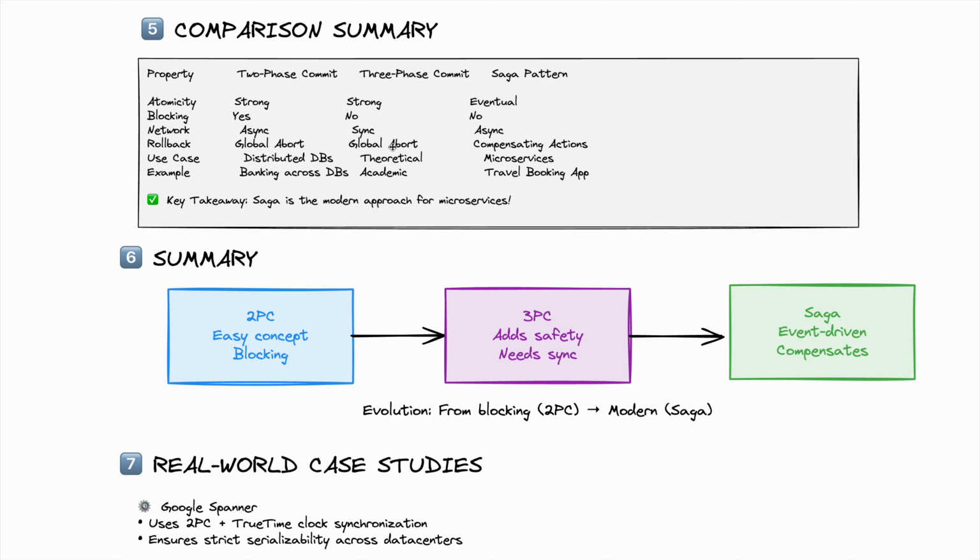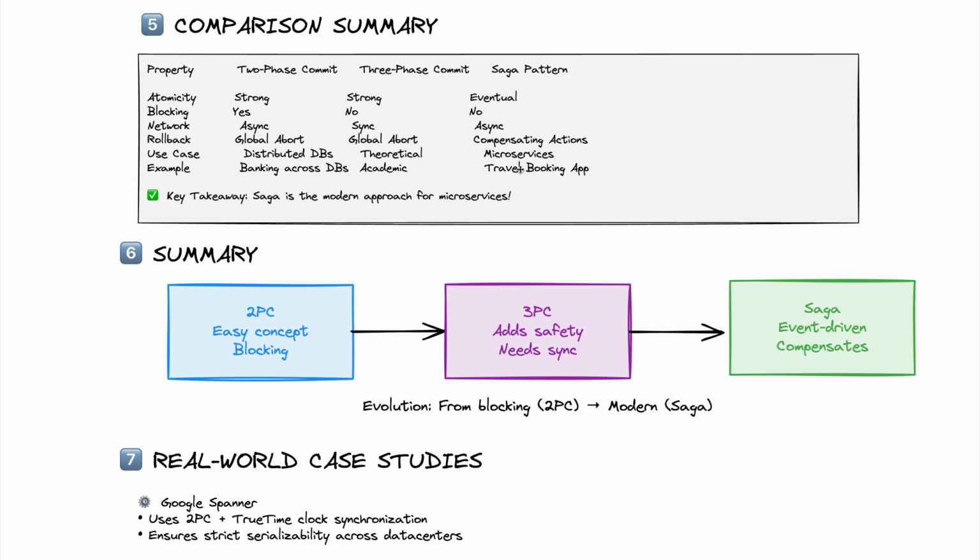For the rollback, we don't need a global abort, so we need the compensating actions. It's mainly used in microservices, but the main usage of the two-phase commit is distributed databases. An example of two-phase commit is banking across databases, and for the saga pattern, as we have seen earlier, it's mainly used in microservices, such as a travel booking app or similar applications.